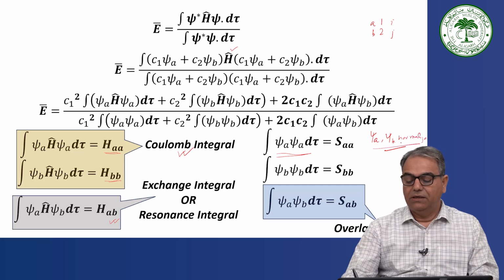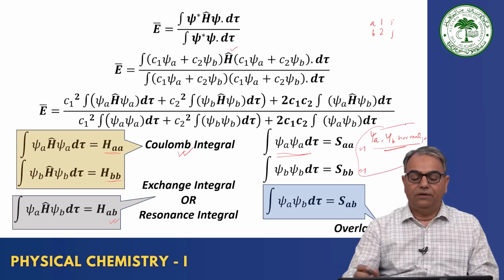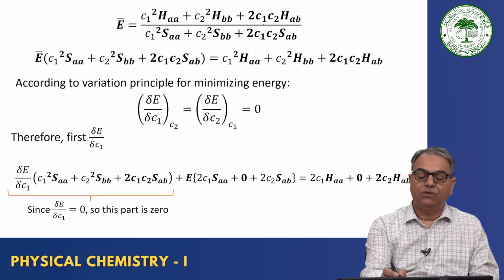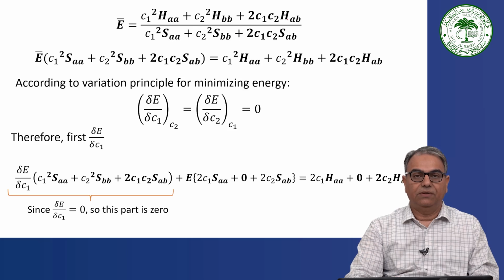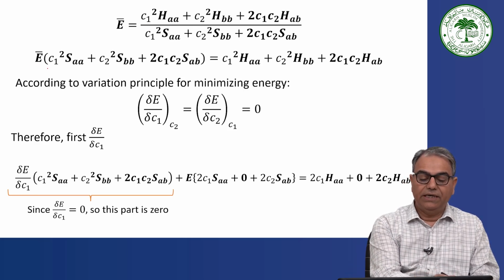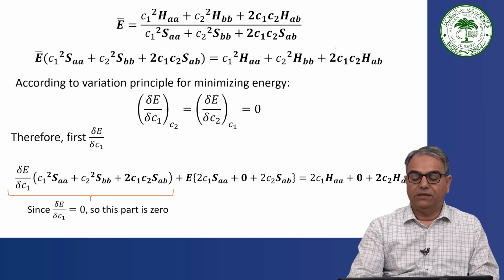So we can write the Rayleigh ratio in simpler terms as C1 square HAA plus C2 square HBB plus 2 C1 C2 HAB, divided by C1 square SAA plus C2 square SBB plus 2 C1 C2 SAB. You can rearrange this equation, and you get C1 square SAA plus C2 square SBB plus 2 C1 C2 SAB multiplied by the energy.